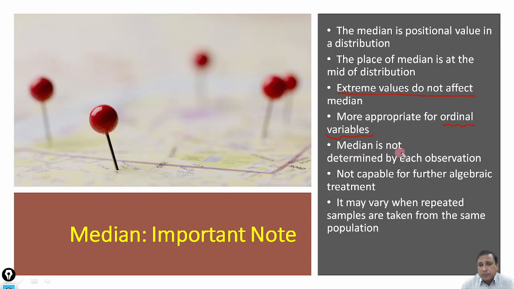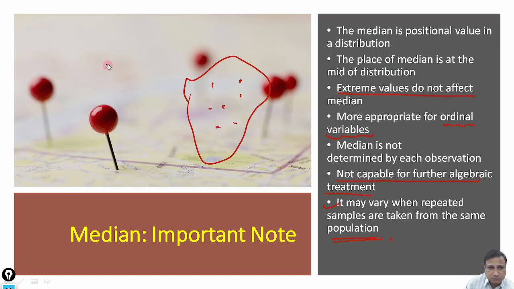Median is not determined by each observation and is not capable of further algebraic treatment. This is very important. Whatever value we get by computing the median, we cannot go further for statistical treatment. It may vary when repeated samples are taken from the same population. This is also a very important statement. As I mentioned, from a particular region I have selected particular samples.